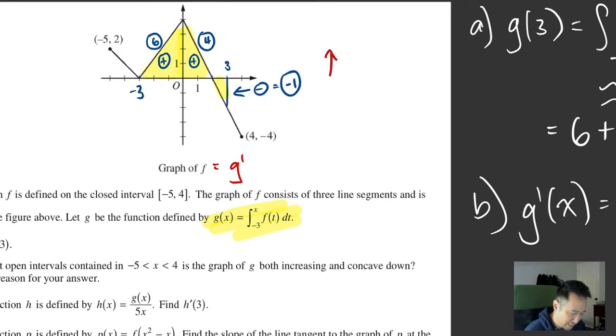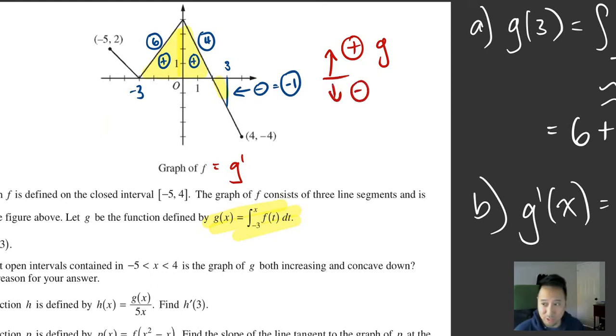Everything above this x-axis, I have a positive slope of the g graph, increasing. Anything below the x-axis would be my negative slope of my g graph, right? Because remember, this graph that we're looking at is g prime. That's the slope of g, okay?